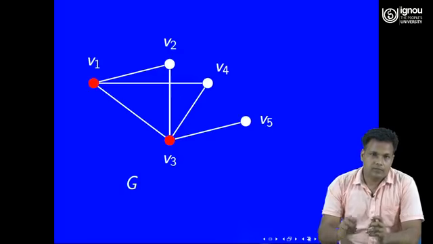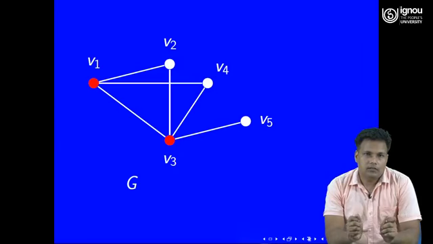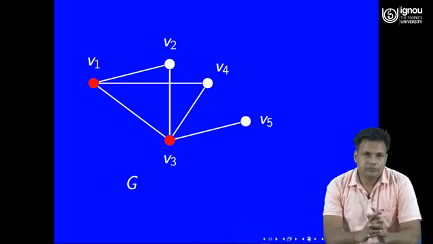We can see this. Let's look at some examples. Just consider the graph G here. Look at the edge V1, V3. When you count the degree of V1, we are counting the edge once, and when we count the degree of V3, again we are counting the edge V1, V3 once.